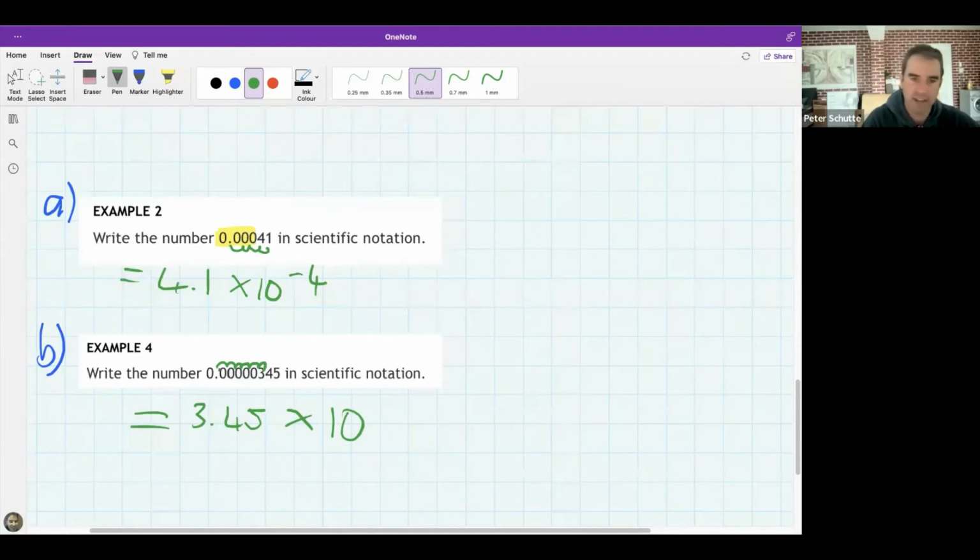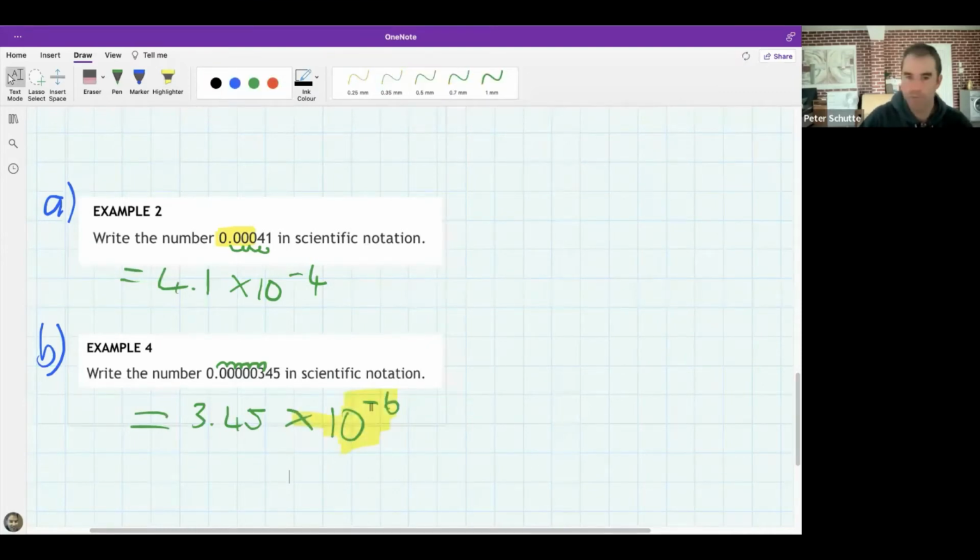And in this case, I jumped over 6. So each time the decimal point moves, it's basically one power of 10, or it's either a multiplication or division. In this case, it's going to be negative because we know that 3.45 is bigger than the number we started with. And so this bit at the end has to make sure it's on the right side.